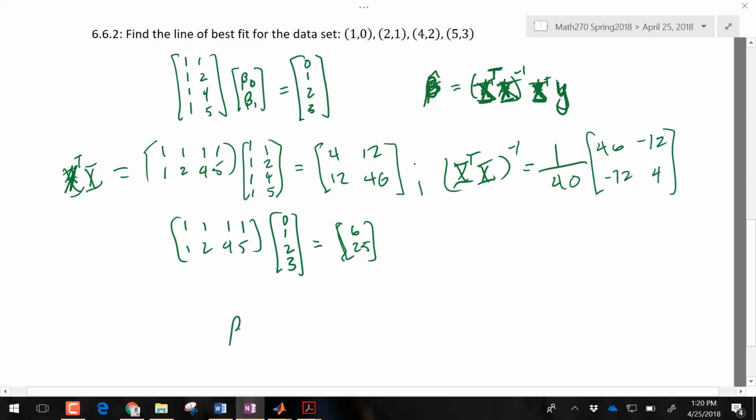All right, so the beta that we're looking for would just be the product 46 minus 12 minus 12 and 4 times 6, 25. So we should probably simplify this a little bit.